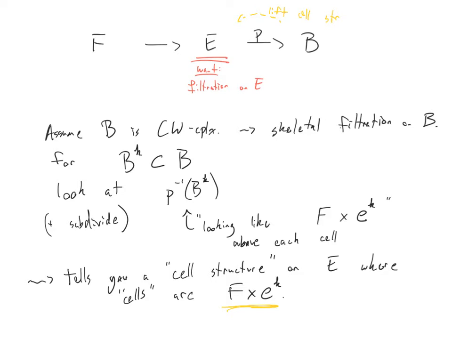And now the change is that these guys have more complicated homology than ordinary cells, because in particular, they have that copy of F in them.